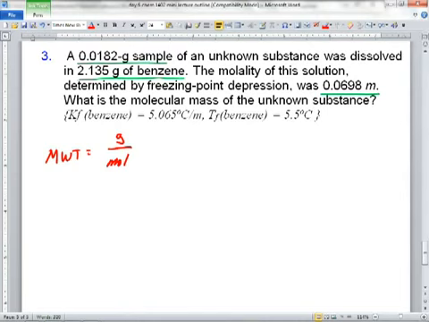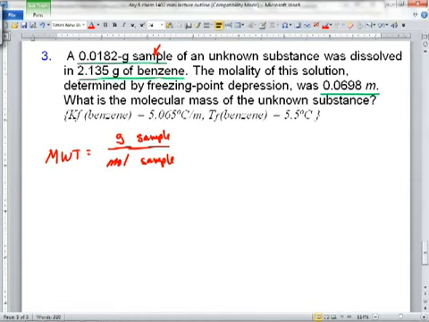Yeah, the grams of the substance over the moles of the substance. So in this case, it would be the grams of the unknown divided by the moles of the unknown. They call it the sample, right? So let's just call it grams of sample all over moles of sample.